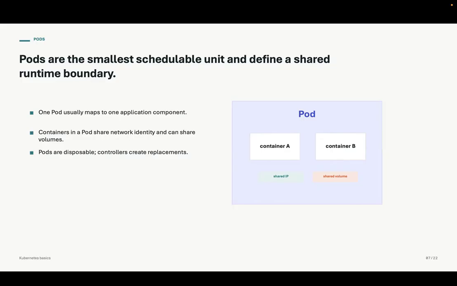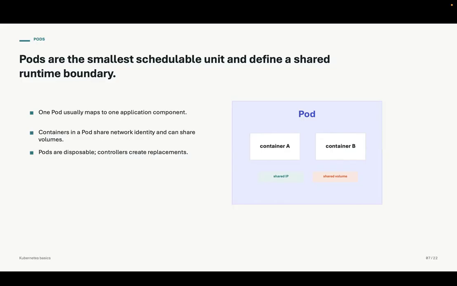They can come and go. They can be deleted, rescheduled to some other node, or replaced for some reason. So pods are not like a traditional permanent long-running service. We should treat pods as always a replaceable, temporary running unit.